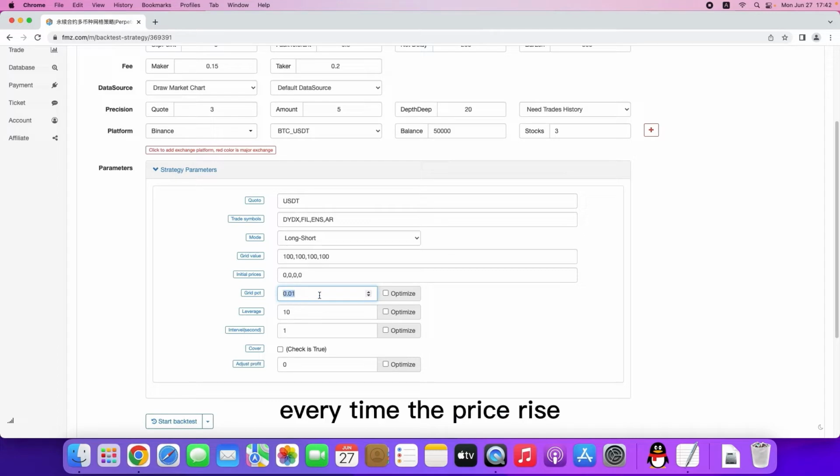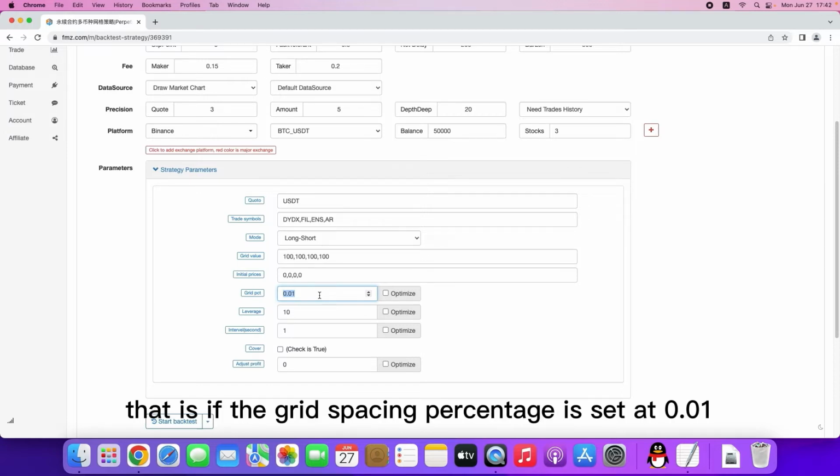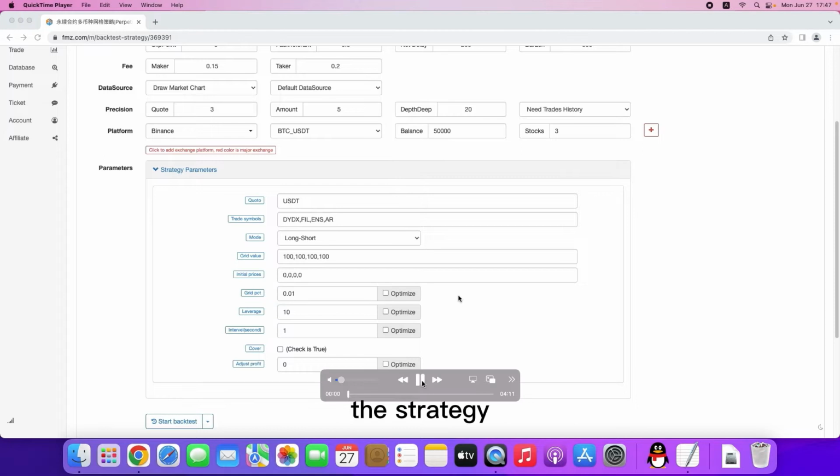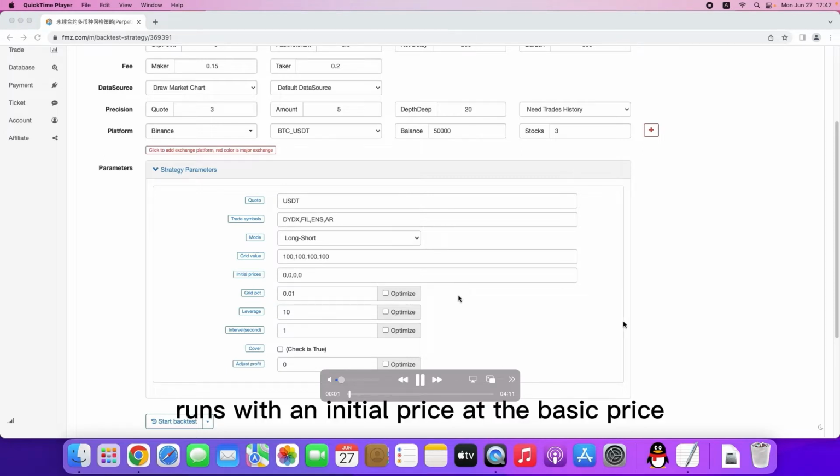Every time the price rises by 1% or falls by 1%, the second grid point will be triggered. That is, if the grid spacing percentage is set as 0.01, it means that its parameter is 1%. The strategy runs with an initial price as the basic price.